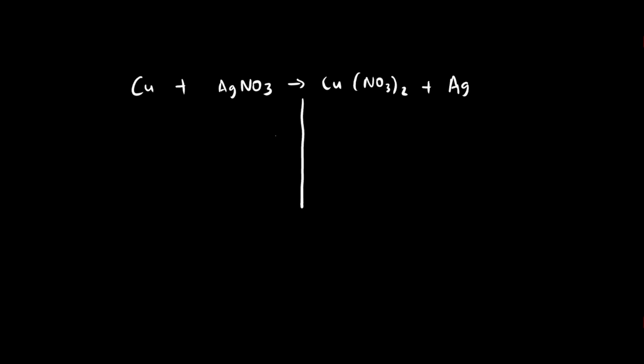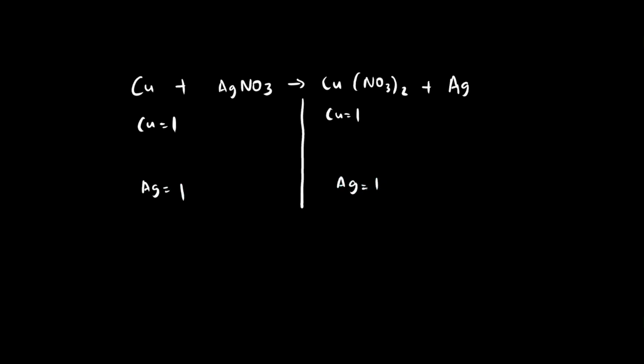Alright, hopefully you attempted the problem by yourself. Let's do it together. We have 1 copper on the left and 1 on the right. We have 1 silver on the left and 1 silver on the right.